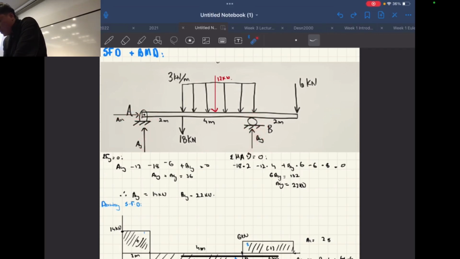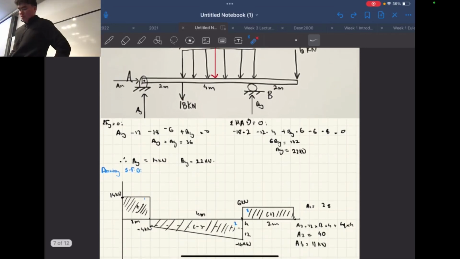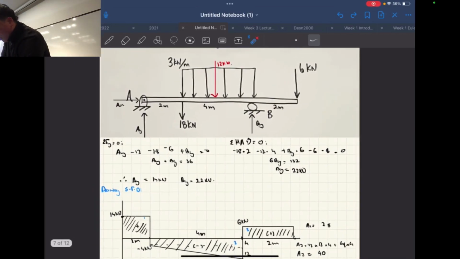The first step of any beam question is to solve the reaction forces. Like I said, sum of Fx equals 0, sum of Fy equals 0, and sum of moments about A equals 0. Sum of Fx equals 0, so we know that Ax equals 0 from inspection. Now we move into sum of Fy equals 0.